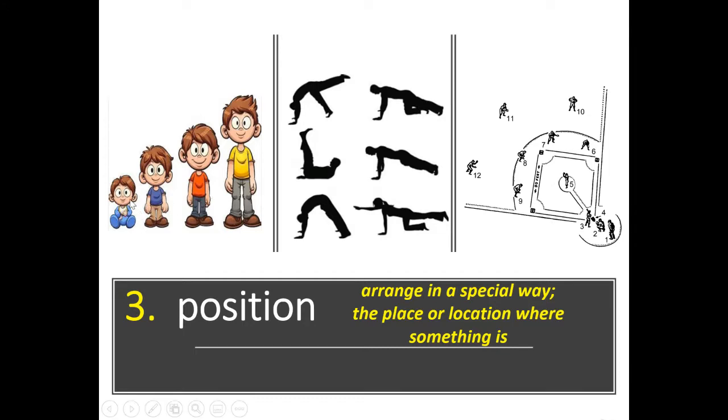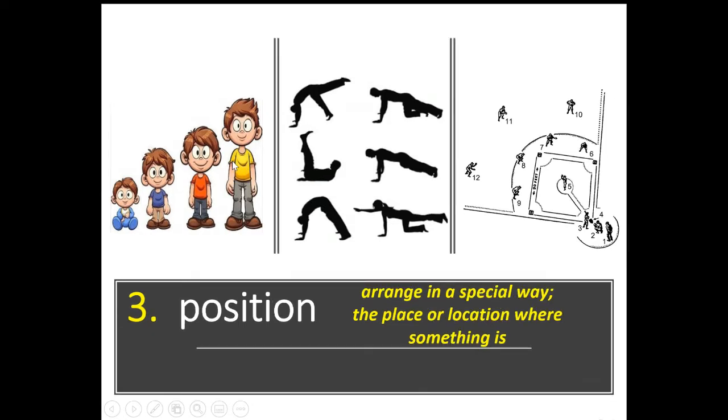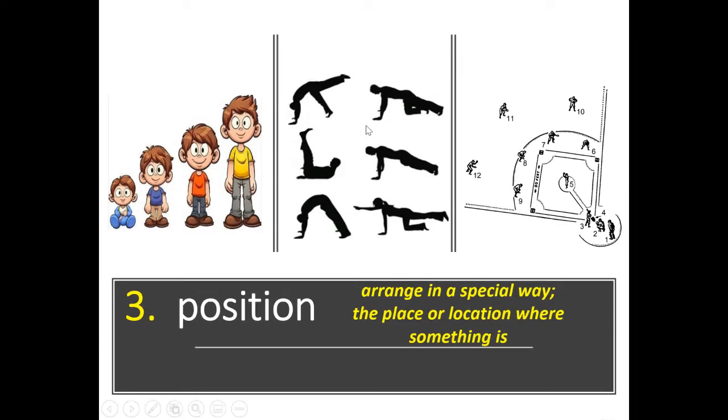So his position in the family is the youngest. Also, you could say the people are putting their legs or arms in different positions, holding them up or putting them down or putting them sideways. It's a place or location where something is.